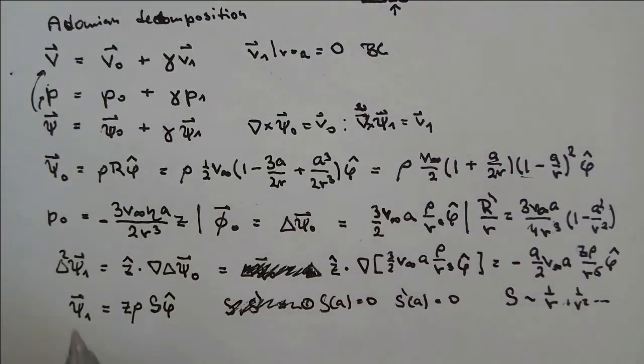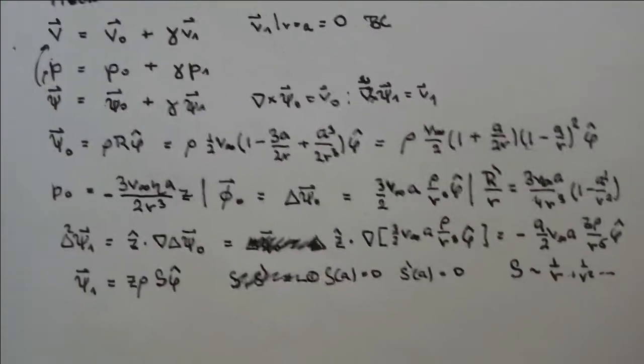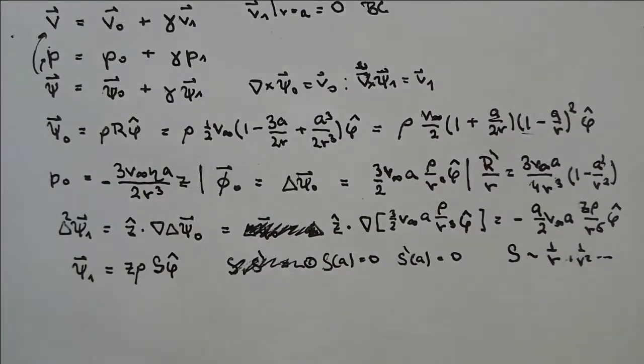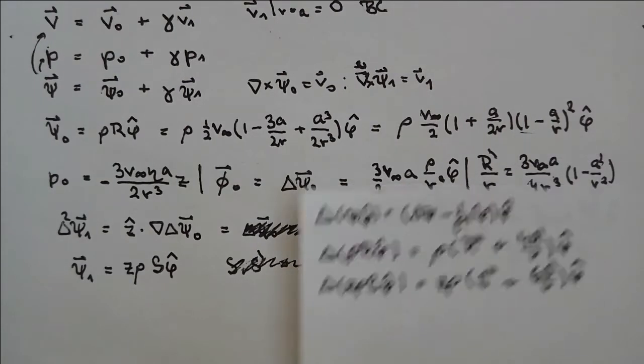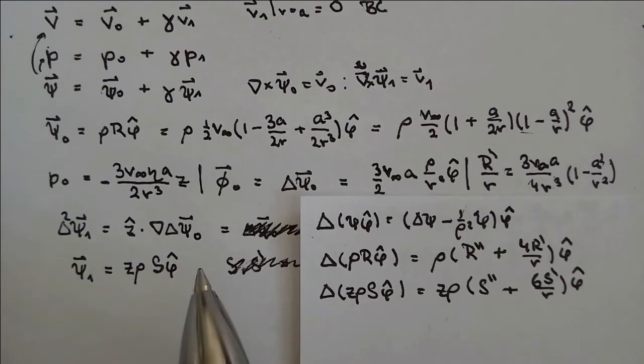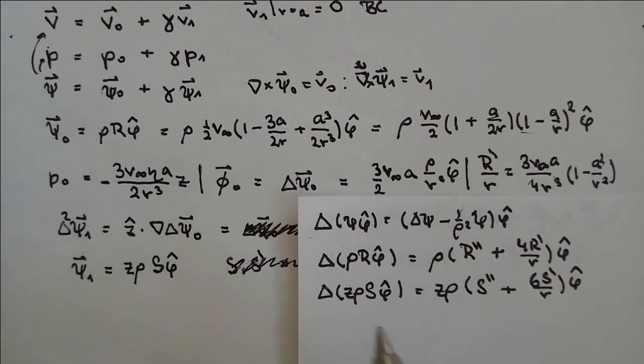Next, we will substitute this solution into this Laplacian. It will be really, very easy, because now you have the formulas. So these are the formulas. If you substitute this solution into the first Laplacian, it will be this.